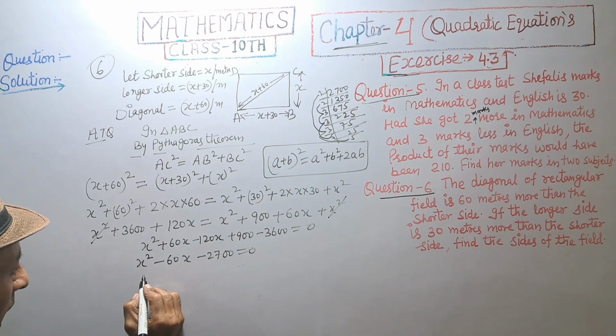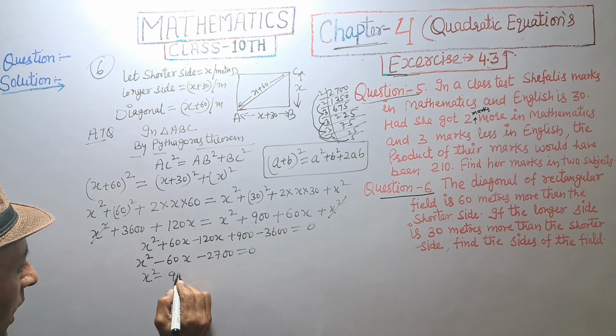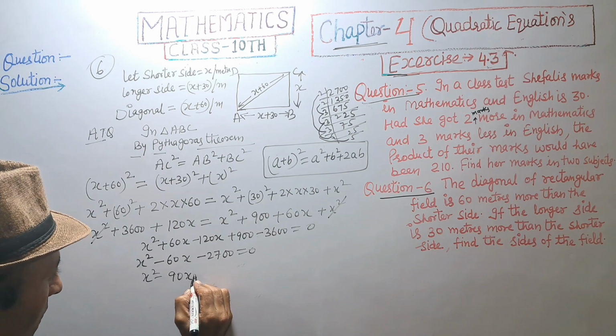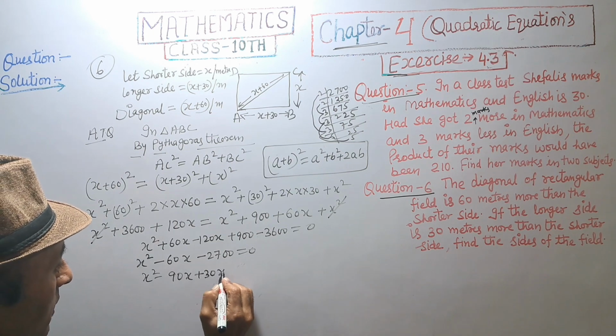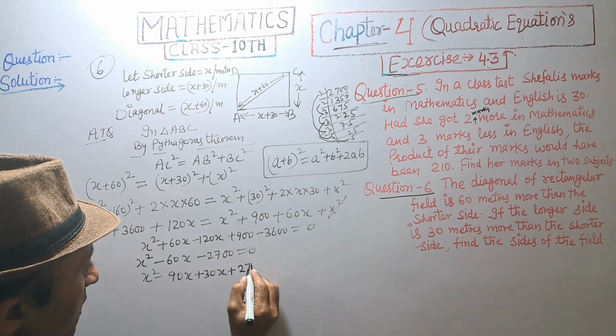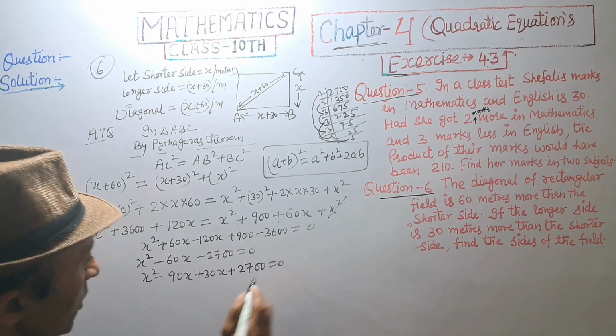We are splitting x square minus 90x plus 30x minus 2700 is equal to 0.